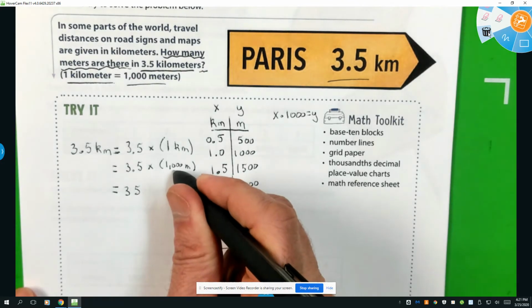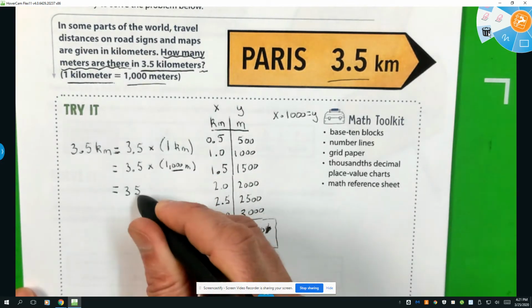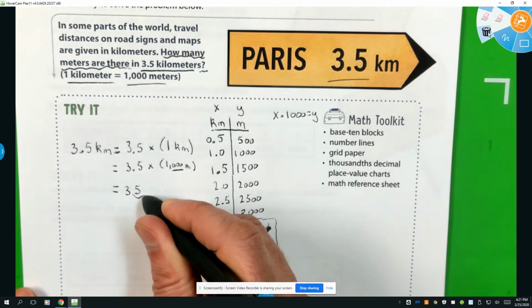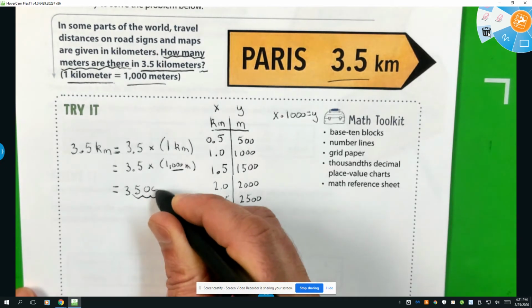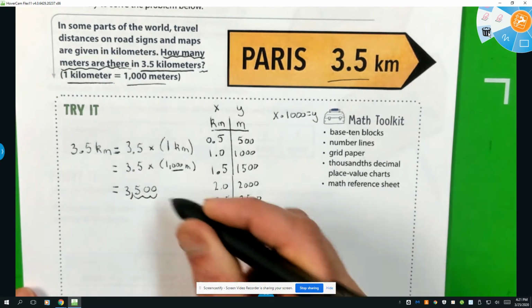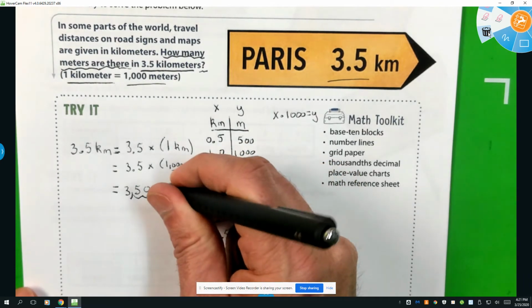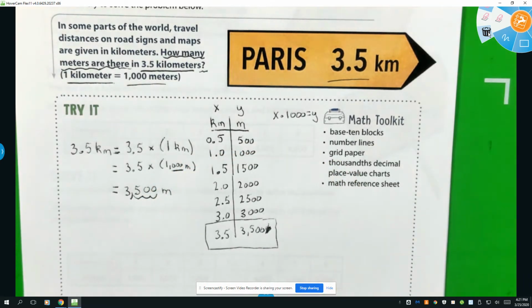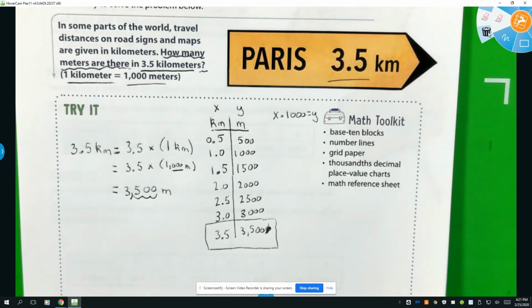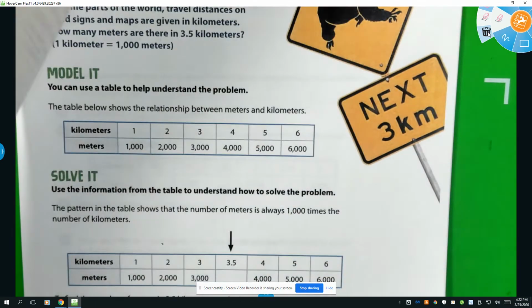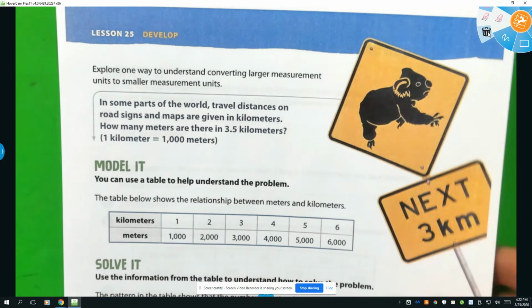If I multiply by a power of 10 and it has 3 zeros, I can move it over 3 spots. 1, 2, 3. And therefore, it is going to be 3,500 meters. How are we doing so far? Okay, feeling pretty good about this. It should be a skill that we've got kind of developing. All right, so let's look to the next part.